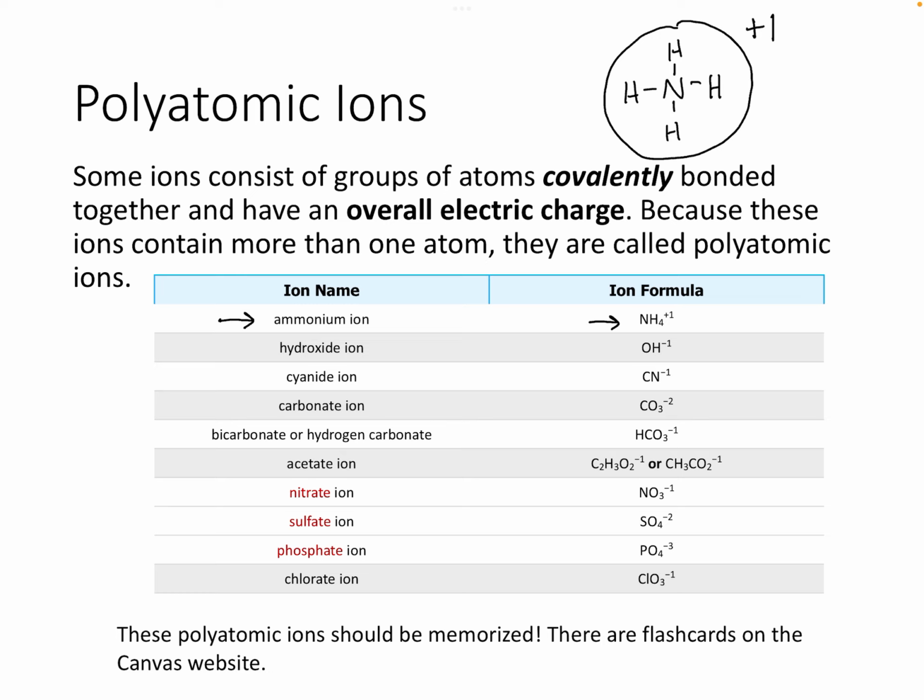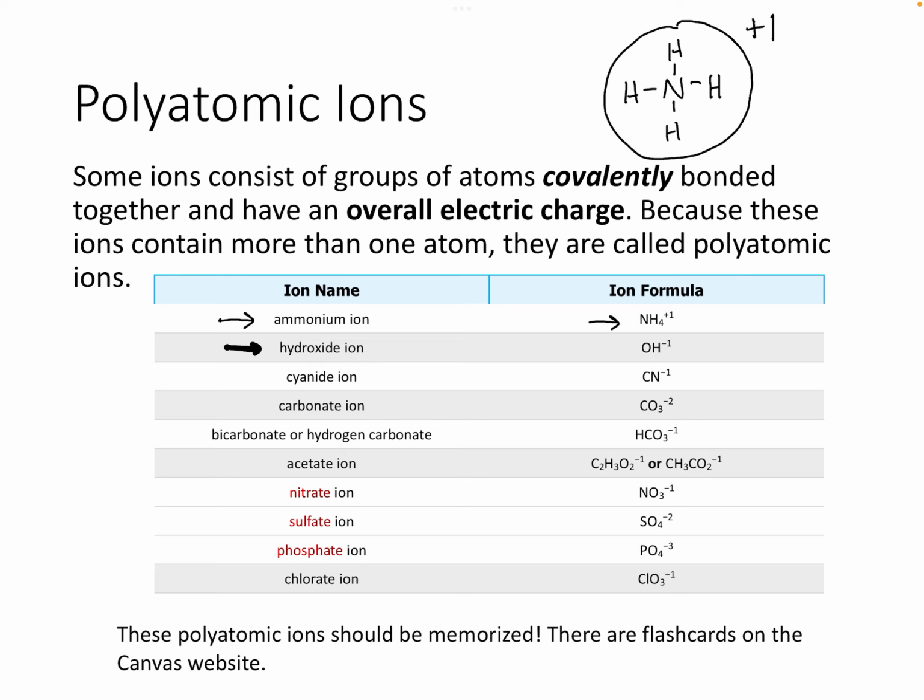So you'll notice there are a lot of polyatomic ions. We also have the hydroxide ion, which is OH, and that has an overall charge of -1. The cyanide ion, which is a poison, that has 2 atoms that have an overall charge of -1.